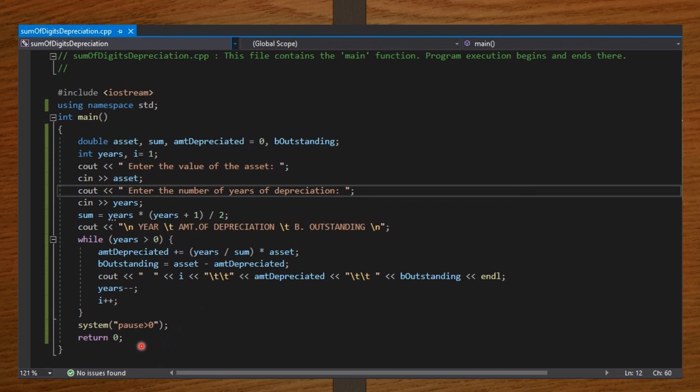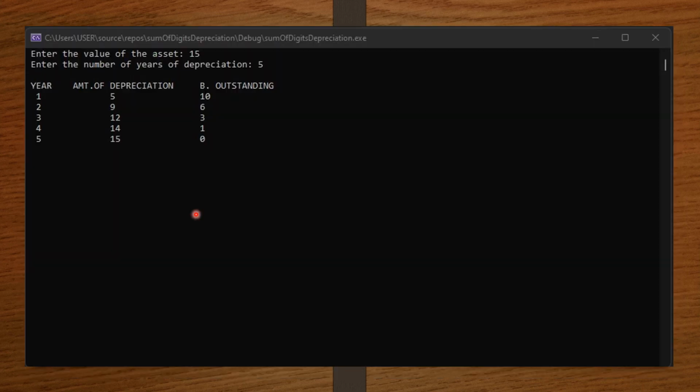Let me input some values for assets and the years and see how it actually works. So enter the value of the asset. I entered 15 from the question as usual, and then enter the number of years of depreciation. I entered 5. Now on pressing enter, it prints out the years. So the first year, the amount that was depreciated was 5, and the balance outstanding, the remaining of the asset, was 10 million.